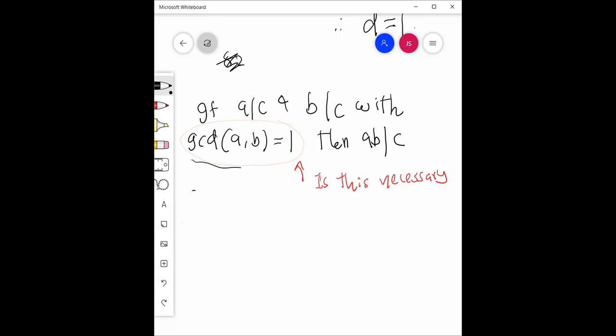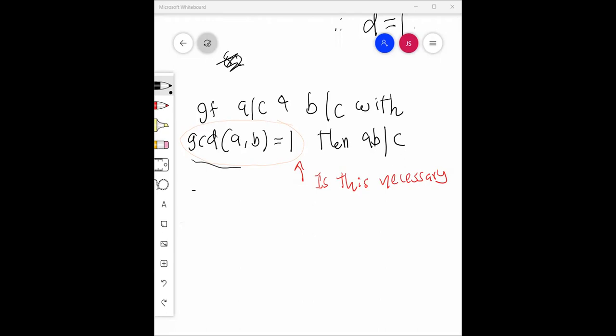Let's see, one answer already came. B equal A. So it is not a particular case, but let's see whether it is true. B equal A. Then B is equal to A. But the thing is, the A must not be equal to 1 then, right? Because if it is 1, then GCD(A, B) is equal to 1.